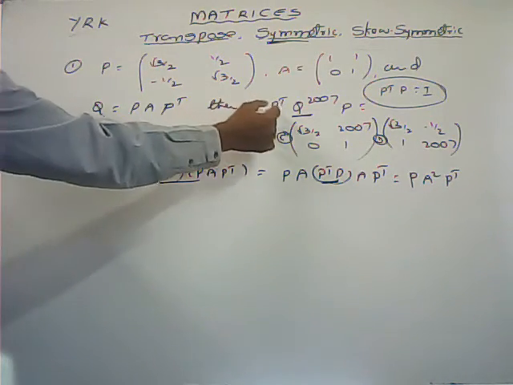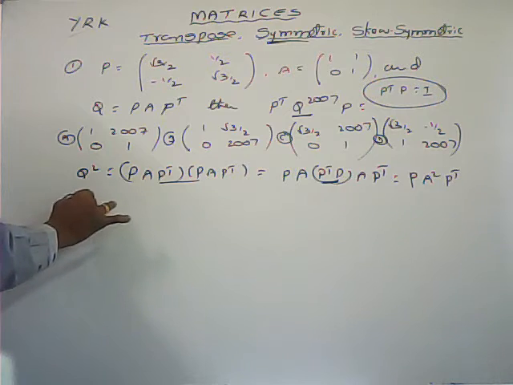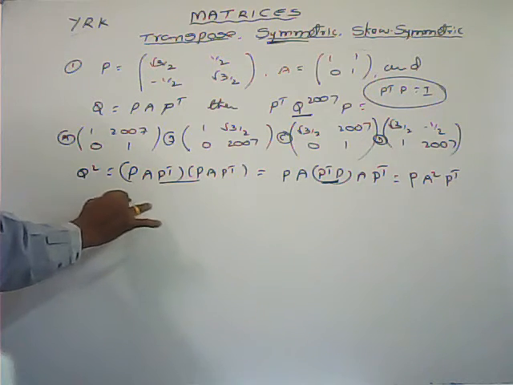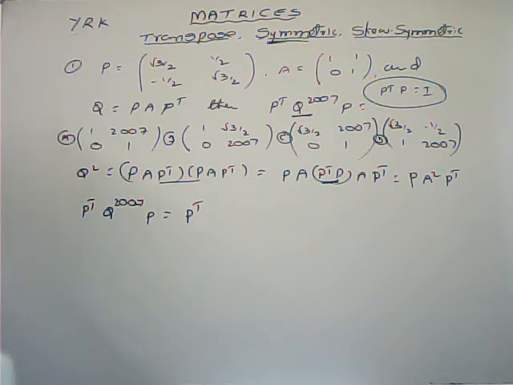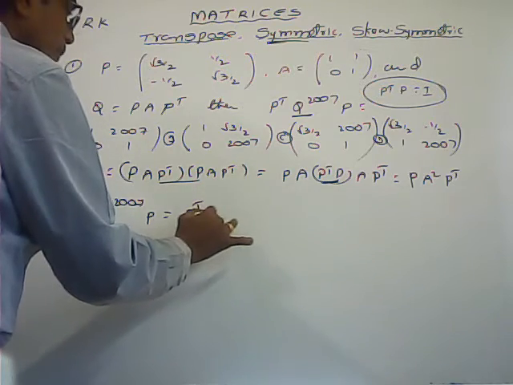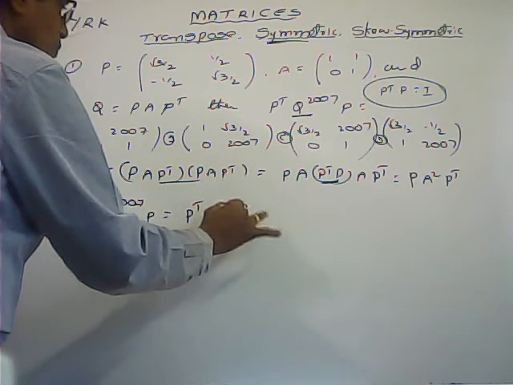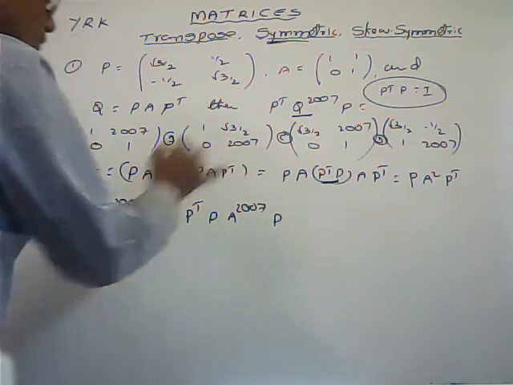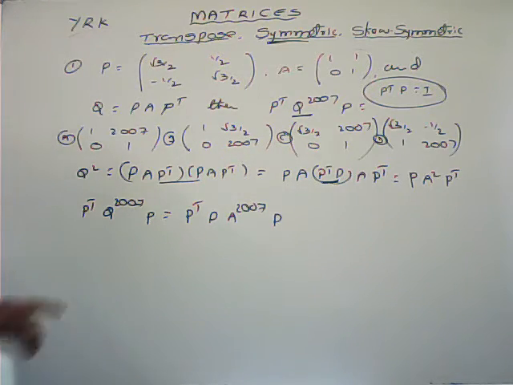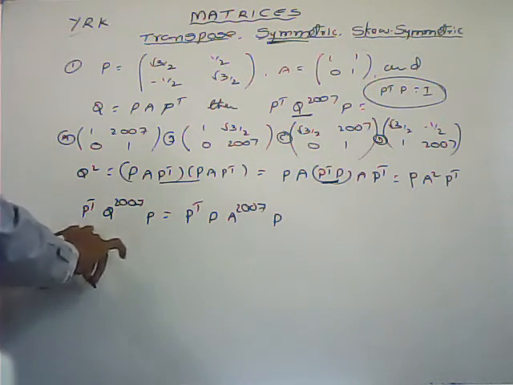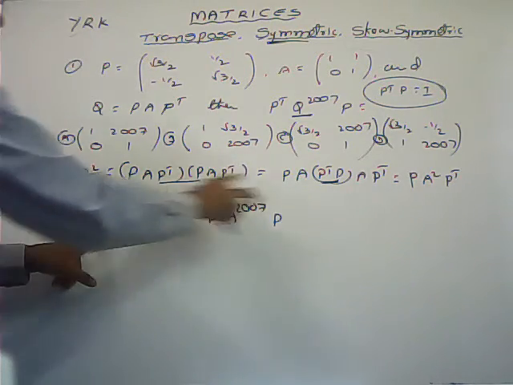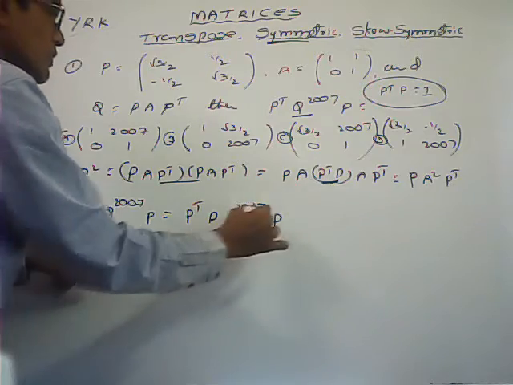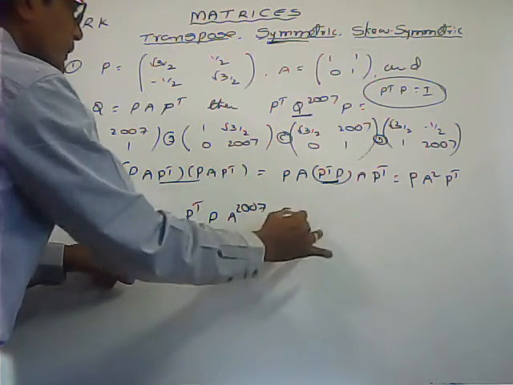Similarly, how to write that? We want the value of P transpose into Q power 2007 into P. What about the Q power 2007? Then we can get P into A power 2007 into P transpose. So P transpose into P A power 2007 into P transpose into P is there.